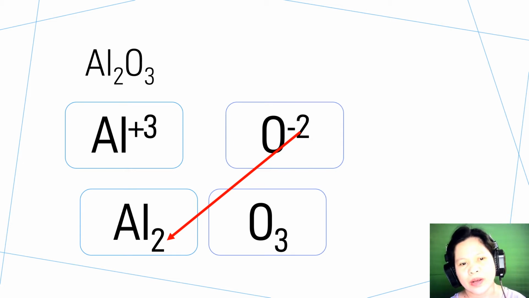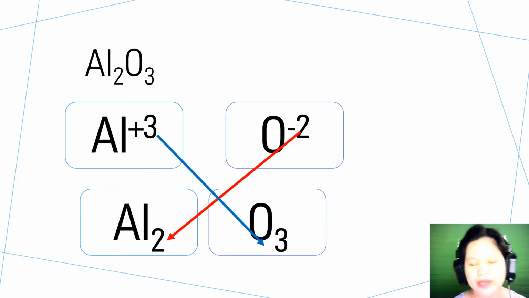What about oxygen? Why is it 3? It is taken from the charge of aluminum. That's why your chemical formula is Al2O3.